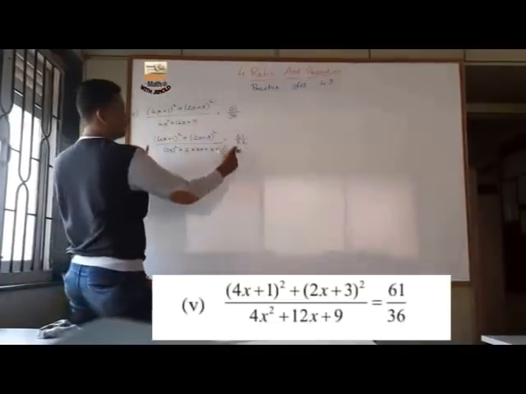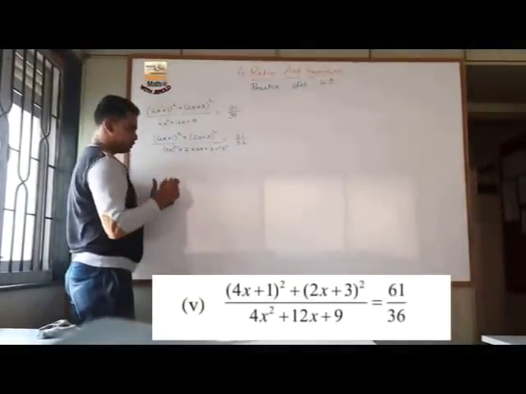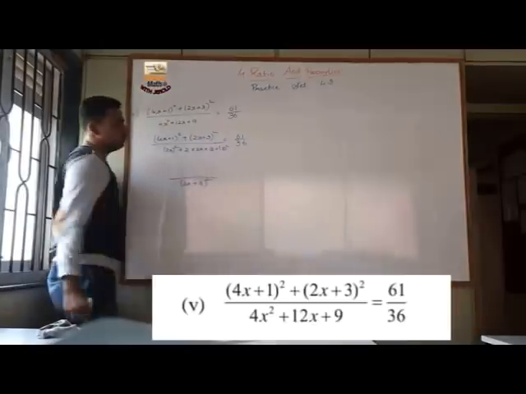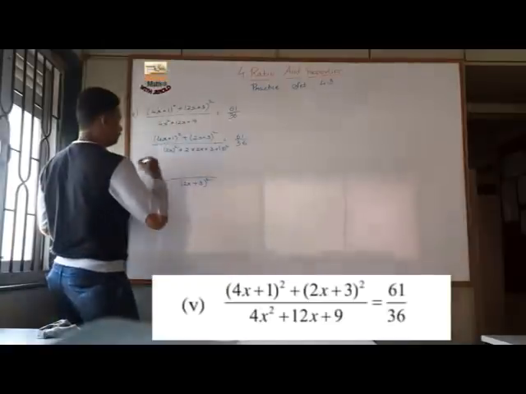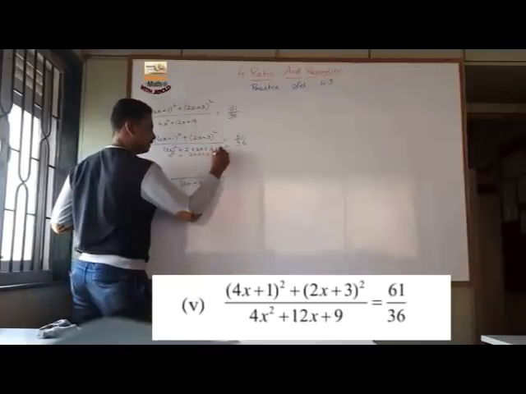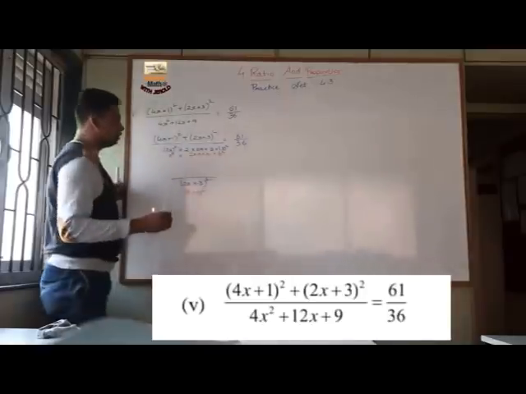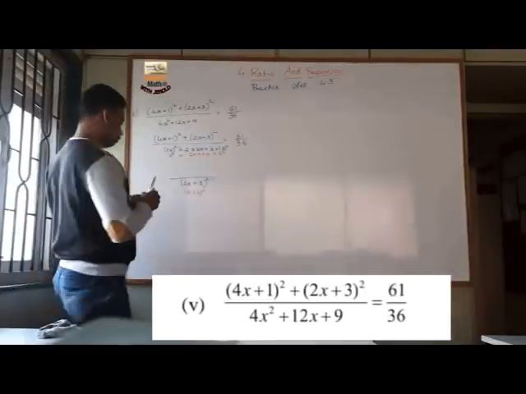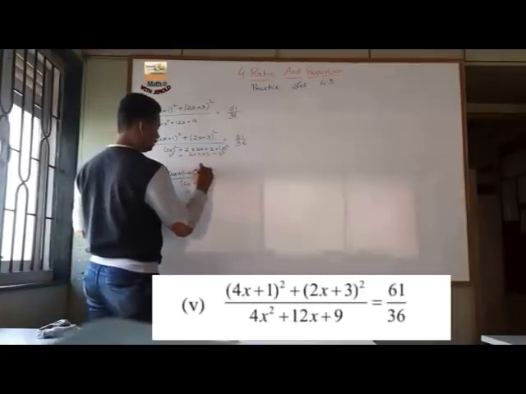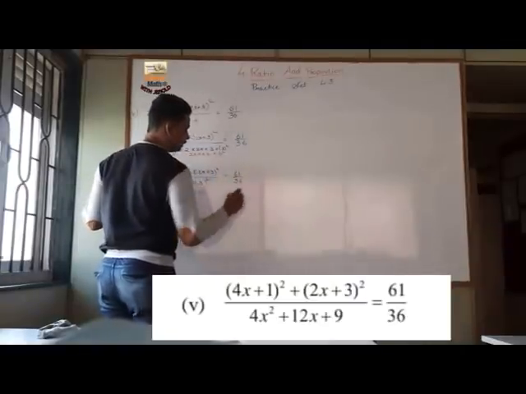So I have this in the form a squared plus 2ab plus b squared, which gets converted to (a plus b) the whole square. So the denominator becomes (2x plus 3) the whole square, and the numerator will remain the same: (4x plus 1) squared plus (2x plus 3) squared is equal to 61 upon 36.